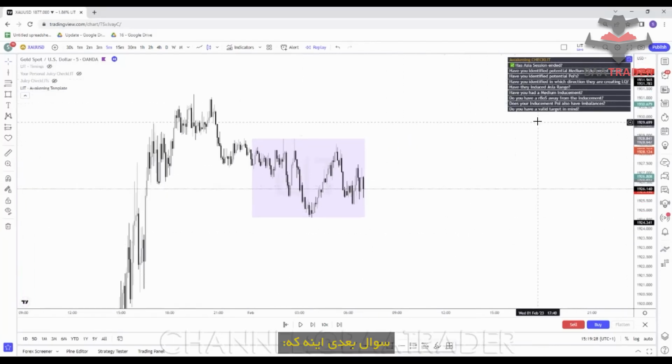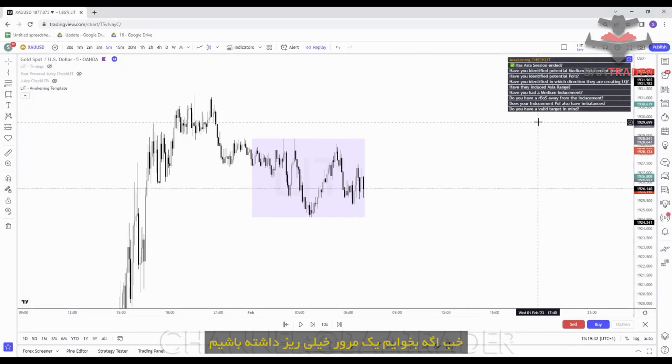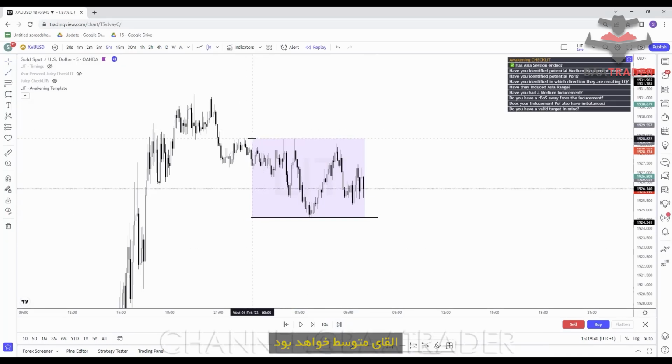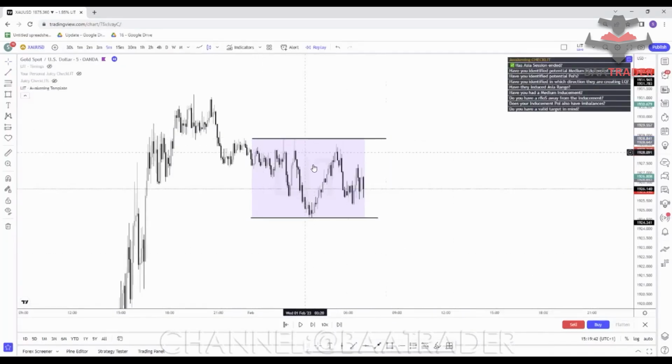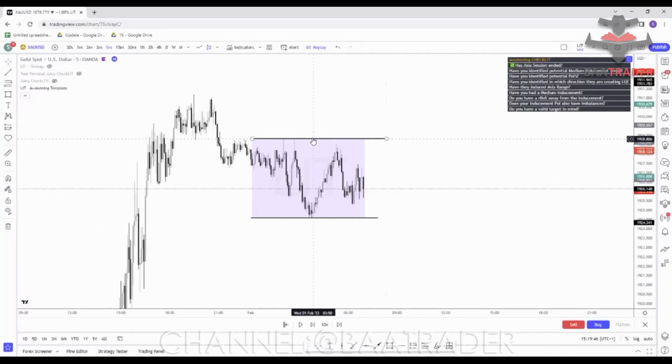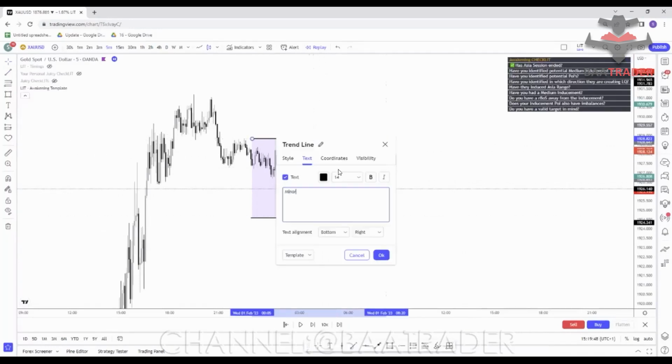The next question is, have you identified potential medium inducement zones? Now, just a little recap: anything outside of our Asia range, low or high, is going to be a medium inducement. These two points are minor inducements, minor and minor again.